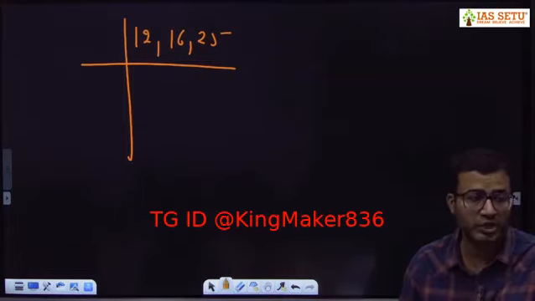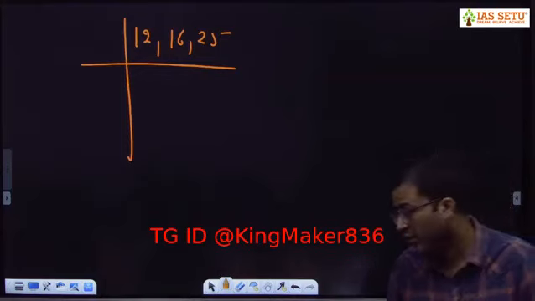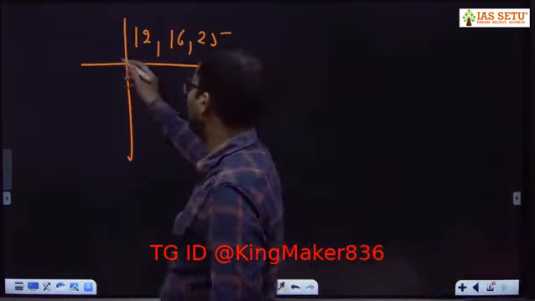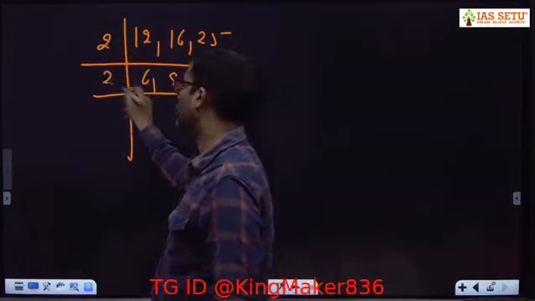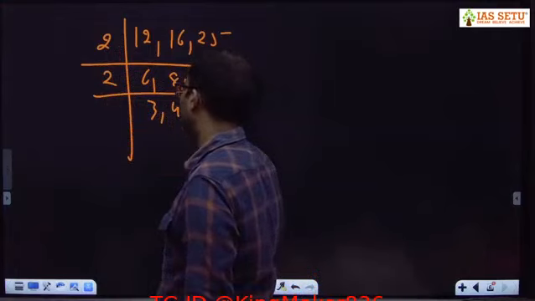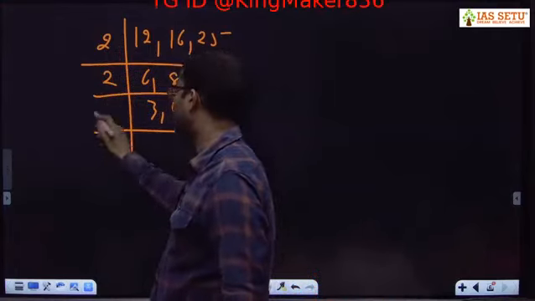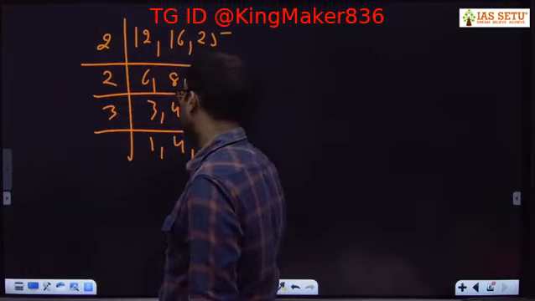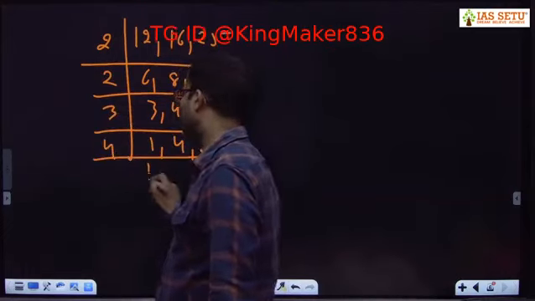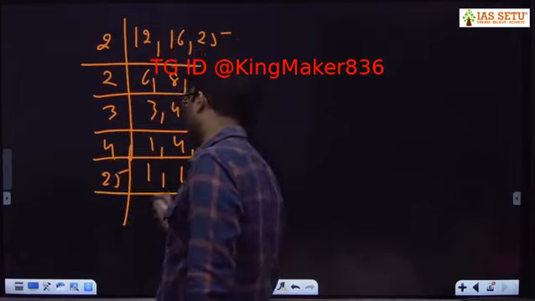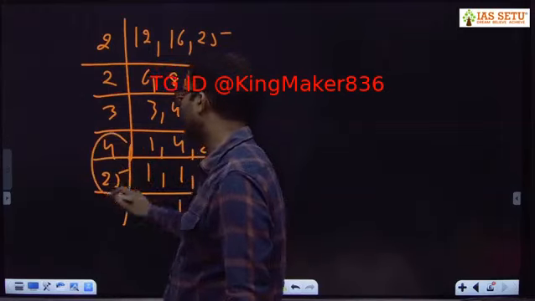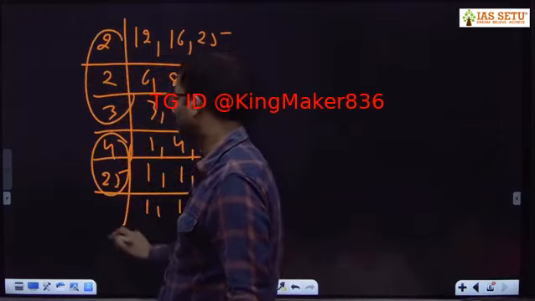Done. What is the answer? Now here 12 and 16 give you 2 common, 6, 8, 25. Again you get 2 common, 3, 4, 25. Then you don't have any other common factor, take 3 common, 1, 4, 25. Take 4 common, 1, 1, 25. Take 25 common, 1, 1, 1. 25 into 4 is 100, 12 into 100, 1200.